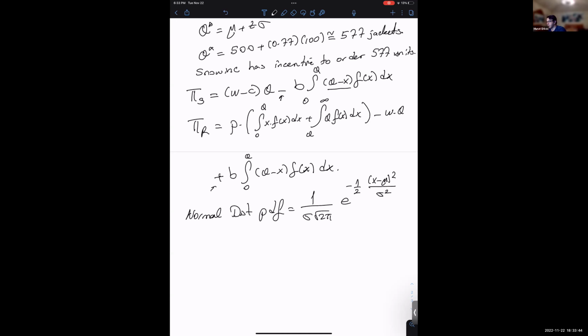And this is our f of x, right, in the functions that we use.